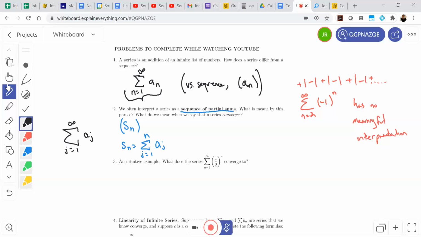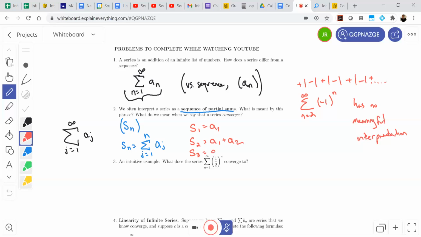And we do that for all of these different steps n. So S sub 1 was the sum of the first element of the series, which is just a sub 1. S sub 2, the second partial sum, was just a1 plus a2.